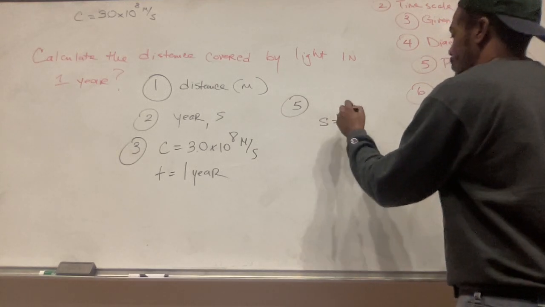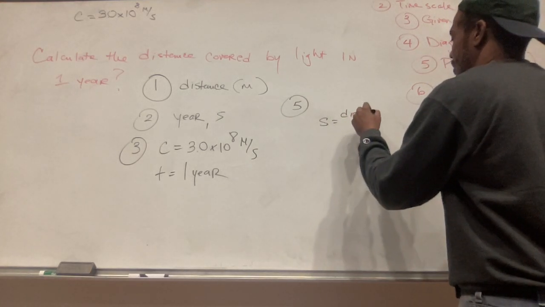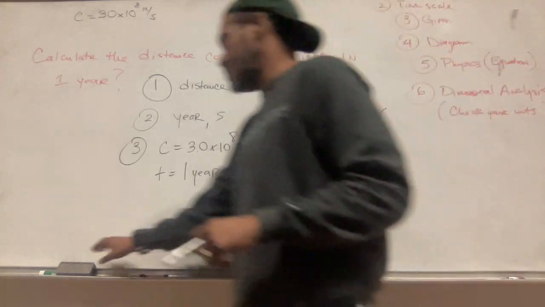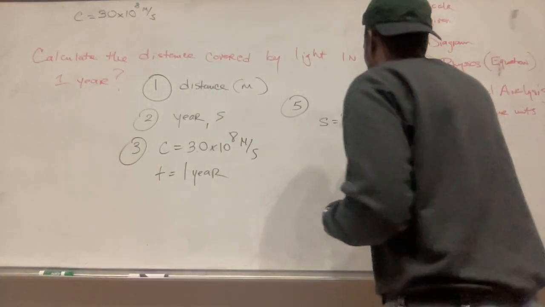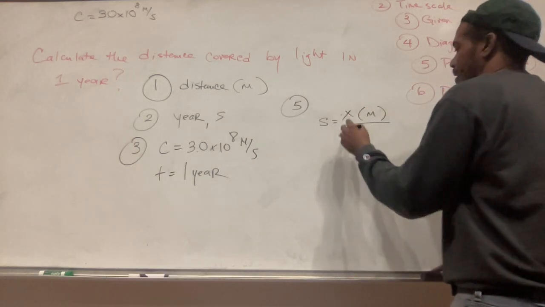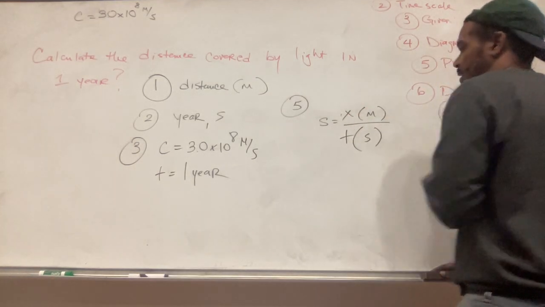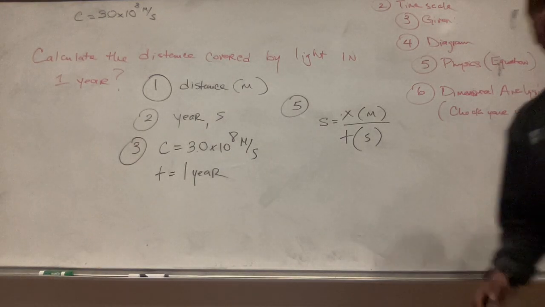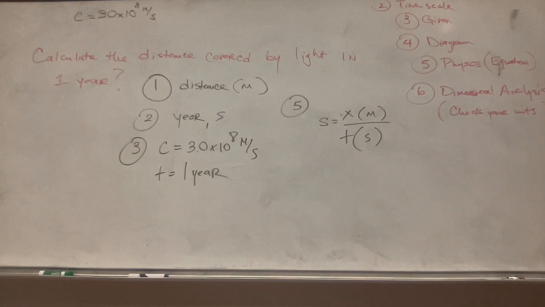Speed is equal to distance, which we call x and is measured in meters, divided by time in seconds, or it could be years or whatever. We're going to have to convert the times, right?